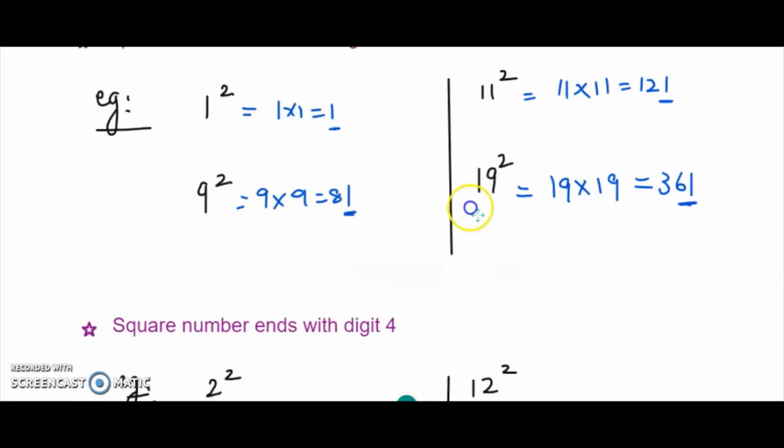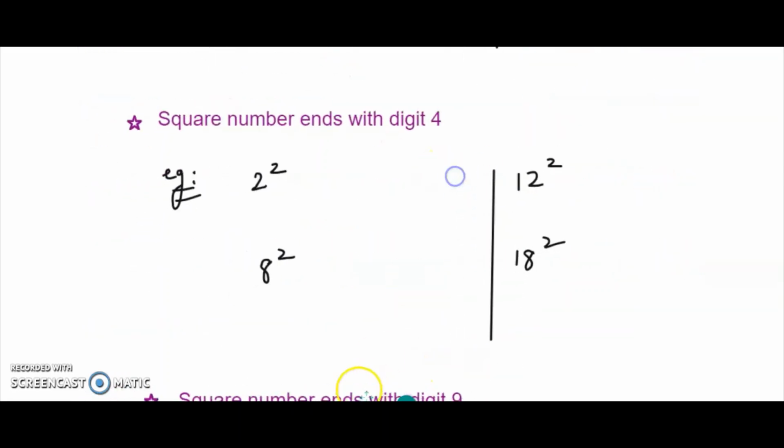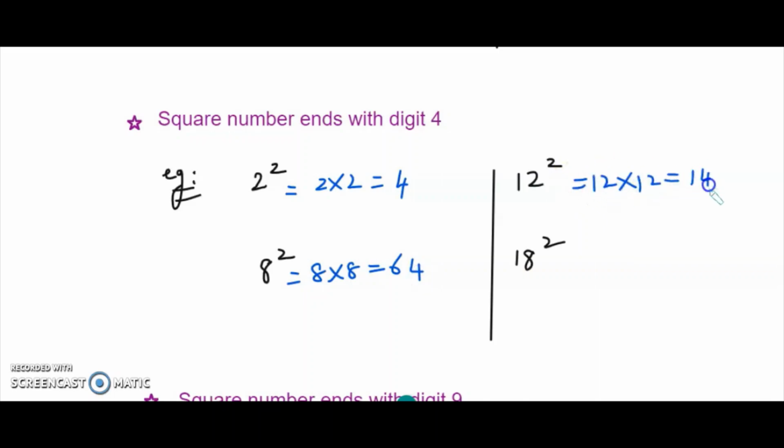Okay, next. The square number ends with 4. So if you're taking a number, say 2 or 8, where the units place of that number is 2 or 8, then the perfect square number will have 4 as its last digit. Let's see here. 2 times 2 is 4. 8 times 8 is 64. 12 times 12 is 144, sorry.